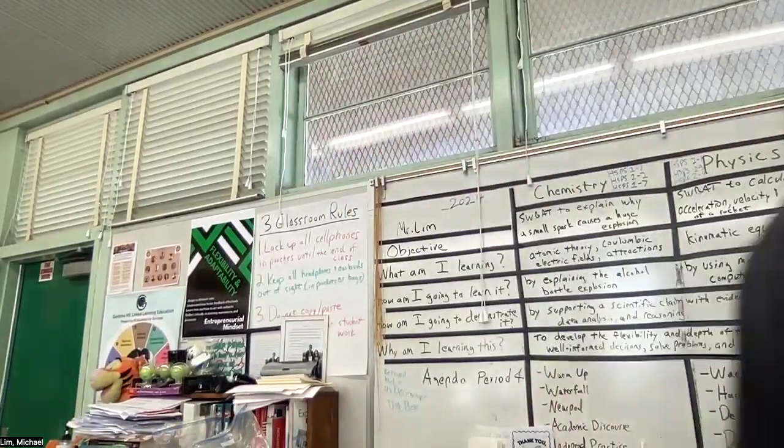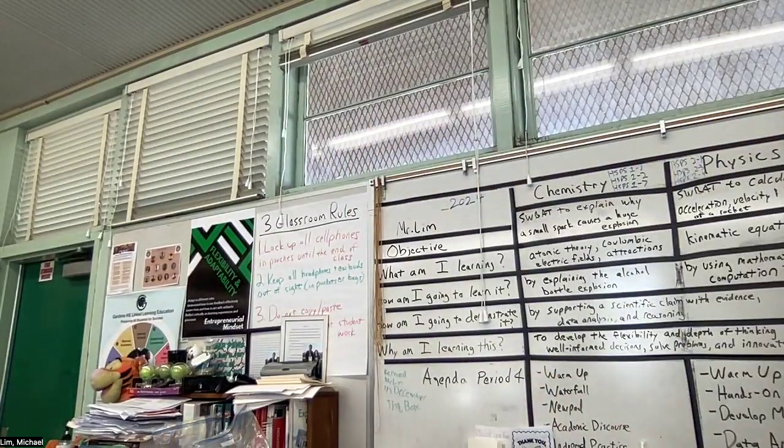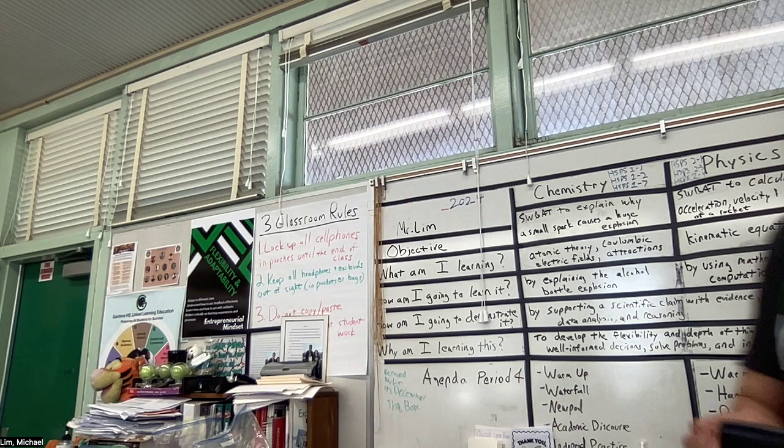That's correct. 2.35, but we round up to 2.36 times 10 to the 6th power. And that was so much easier to write than writing 6 zeros after the number.